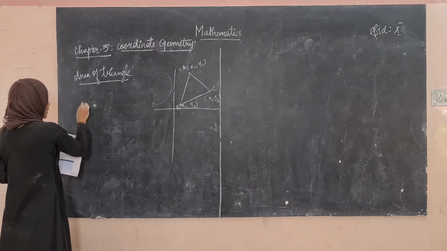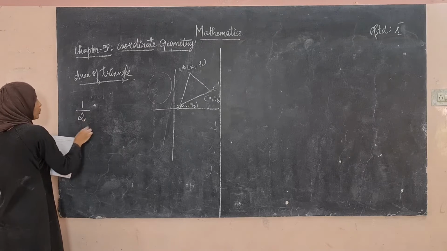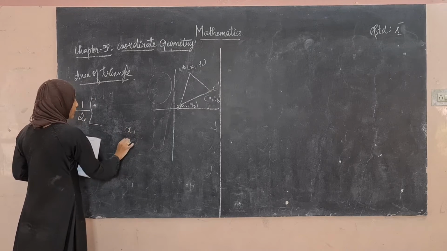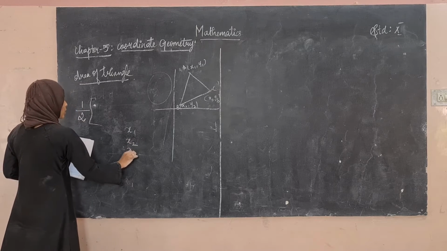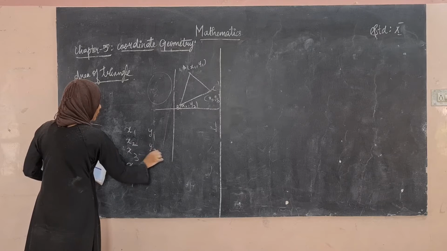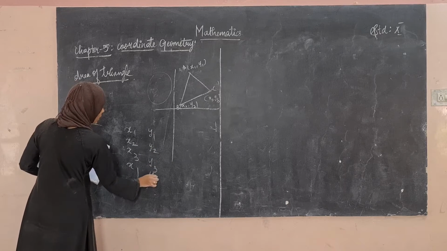The formula is 1 divided by 2 into, for this take like this: x1, x2, x3 and again x1; y1, y2, y3 and again y1.